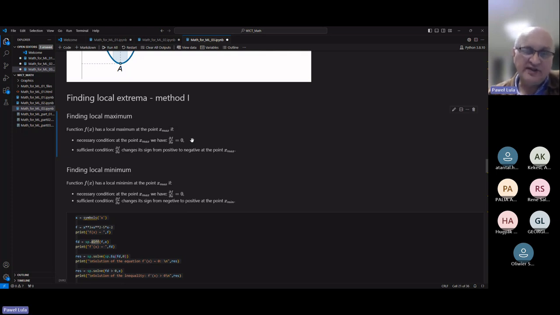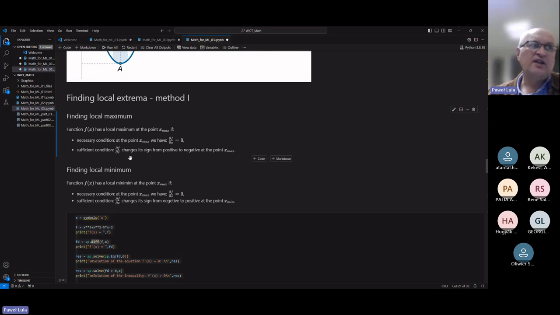In these values, we can have local maxima, because it is a necessary condition. But we are not sure if in these points these local maxima exist or not. If we want to check it, we should check the sufficient condition.